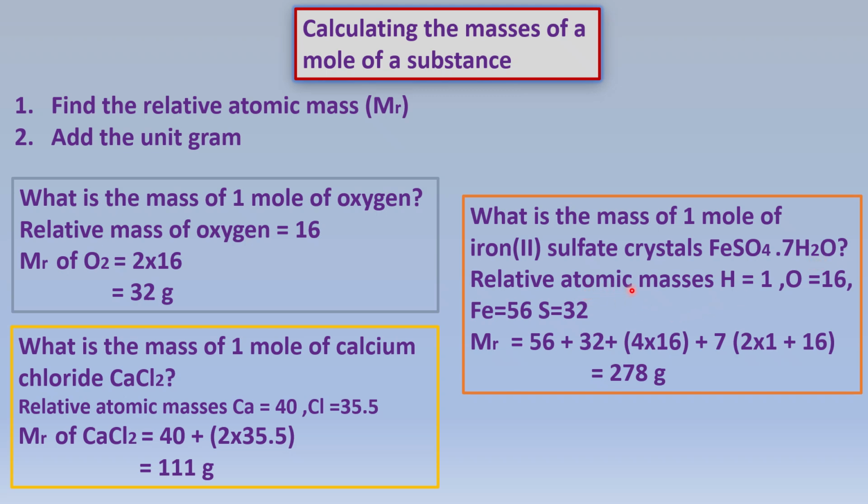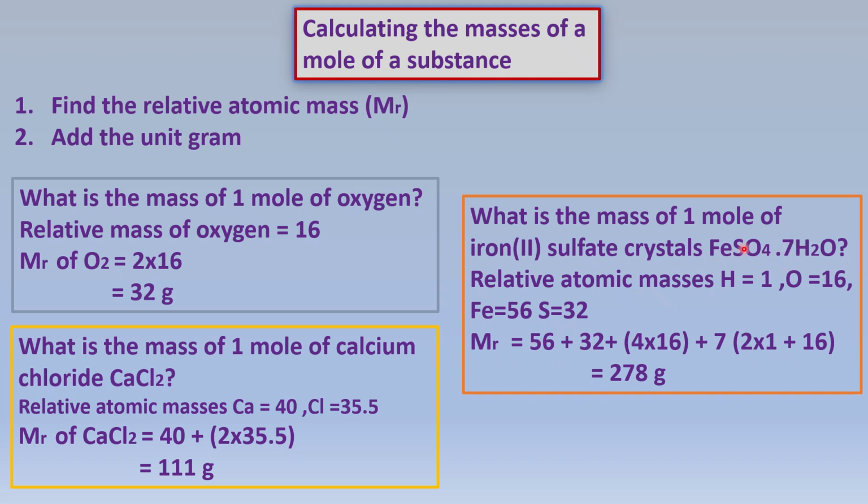They give you the relative atomic masses: hydrogen 1, oxygen 16, and Fe 56, and also we have sulfur. Sulfur is 32. The relative atomic mass will be calculated as follows.